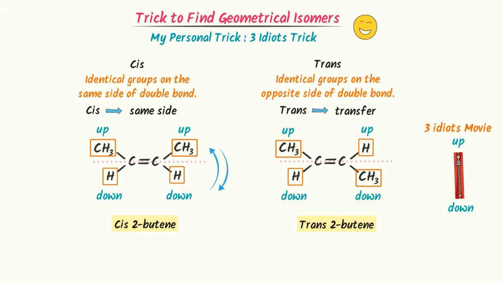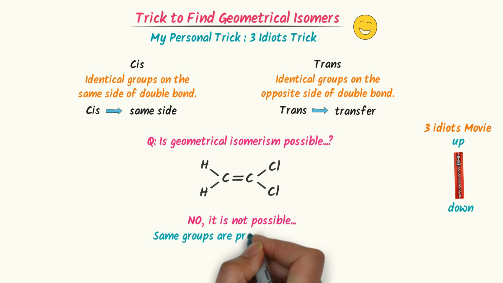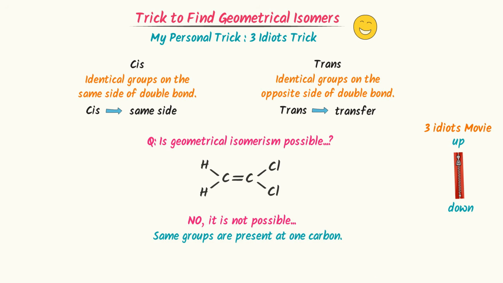Here, let me ask you one important question which many students do not understand. Is geometrical isomerism possible in this compound? Can you guess the answer? Well, the answer is no. Geometrical isomerism is not possible in this compound because the same groups are present on one carbon.